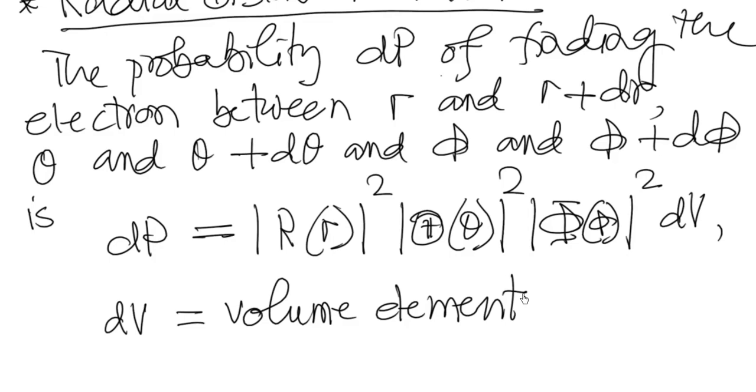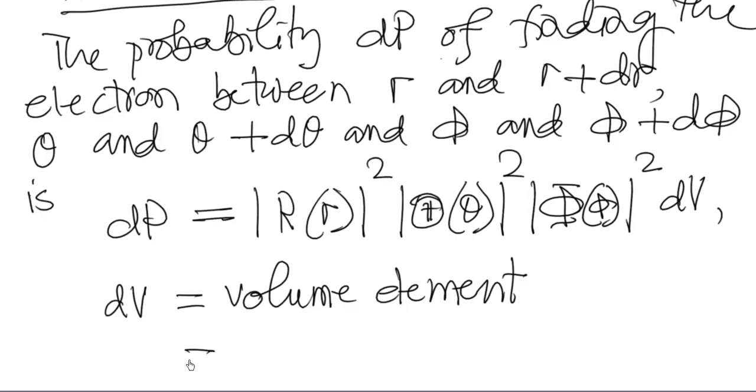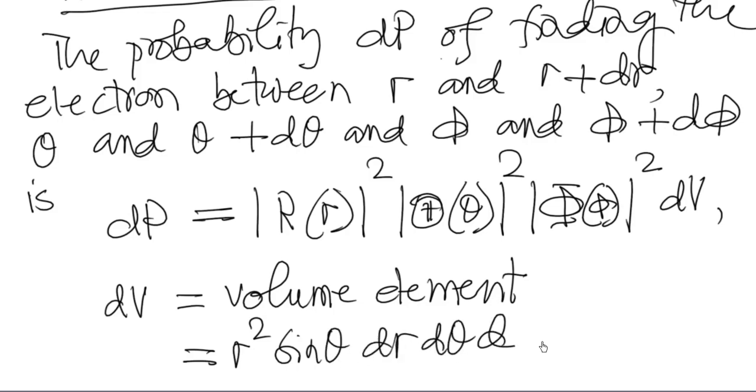So if we multiply it by the volume element, then we get the probability in this volume dV of finding the electron, and this volume element in spherical polar geometry is r squared sine theta dr d theta d phi. This is the standard volume element in spherical polar coordinate geometry.